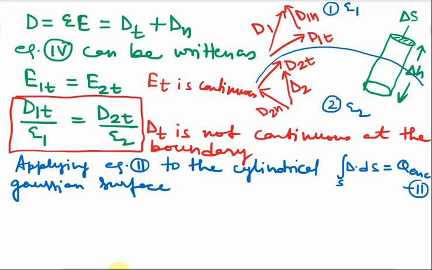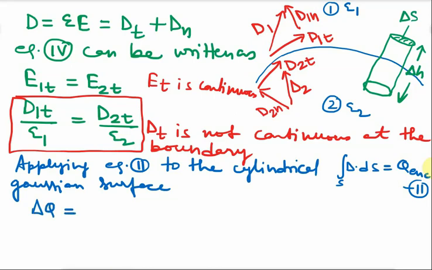This side is circular, so the contribution is null. Now we will consider the contributions along the top and bottom. Let's say the charge enclosed by this Gaussian surface is del q, that is the Q enclosed.